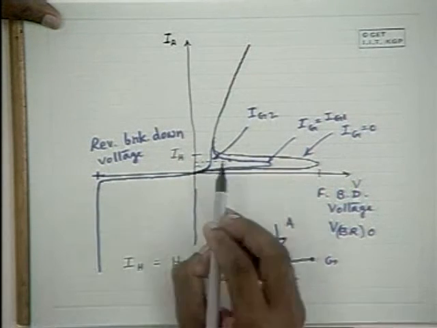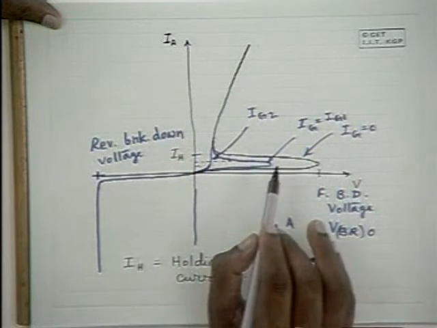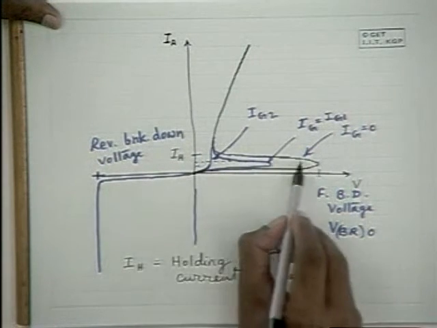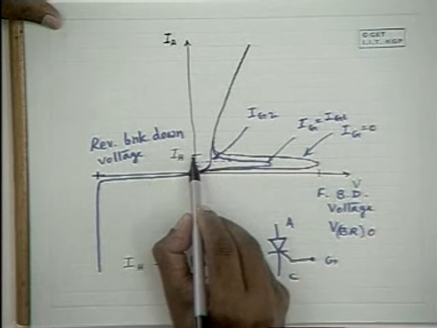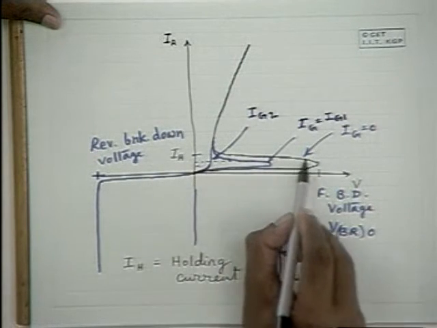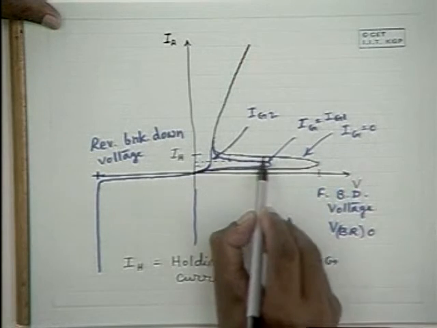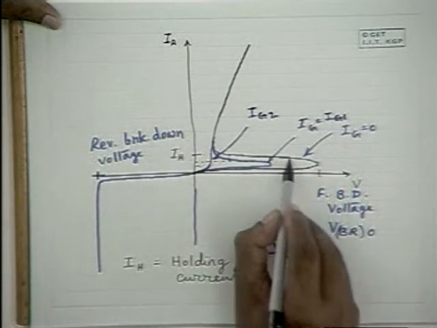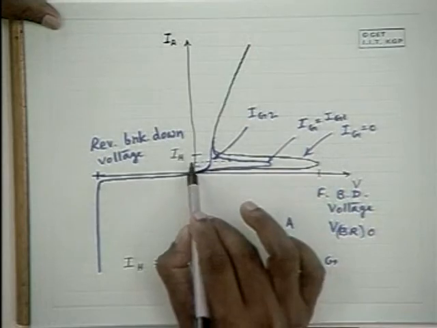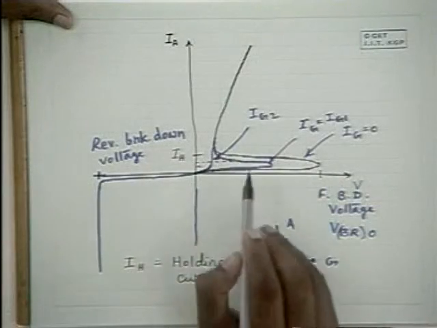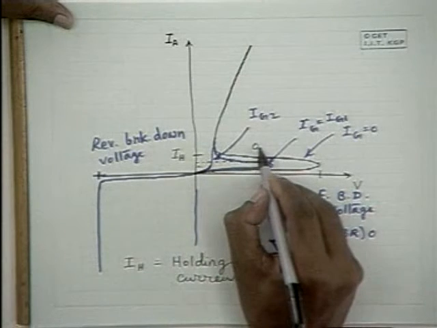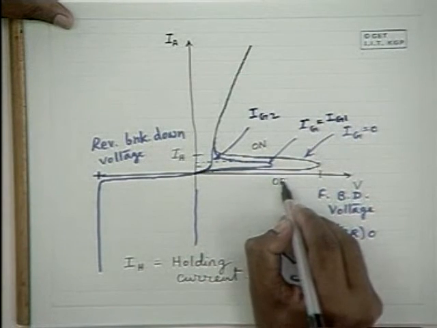And please note that the holding current is the current corresponding to the current at which this voltage drops, but the holding current is defined as the current such that when the device current is brought below it, the device changes from this on state to this off state.